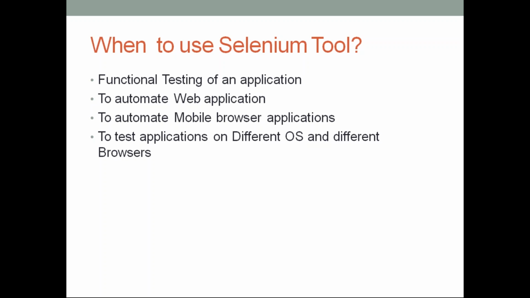If our requirement is purely to automate functionality, and our application is a web application or a mobile web application, and our mobiles also have browsers, so if I want to test my application on my mobile browser, yes, we can prefer Selenium again.